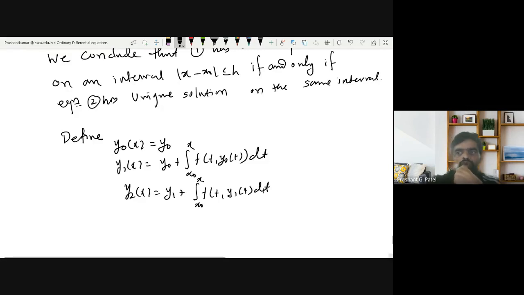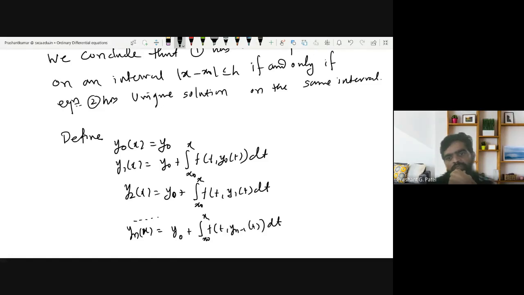And if you go in this manner, in general yn of x can be defined as y0 plus the integral from x0 to x of f of t, yn minus 1 of t dt, and so on.